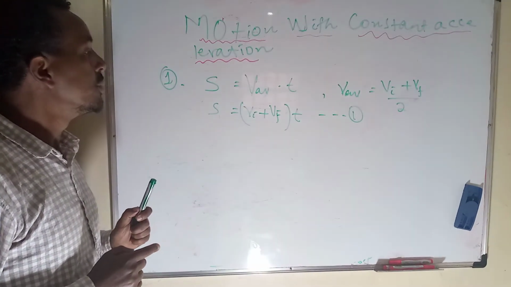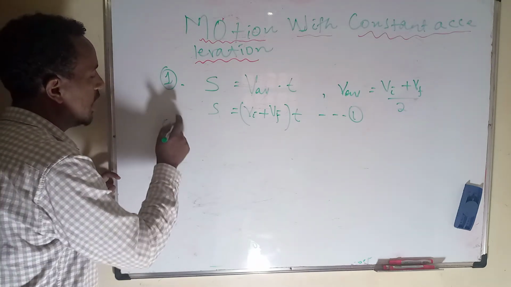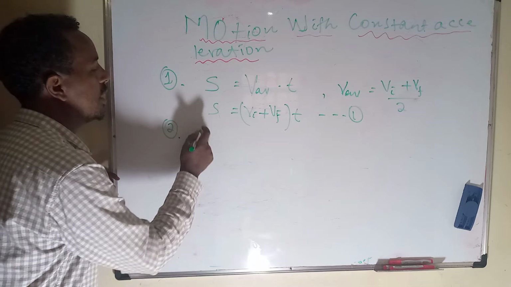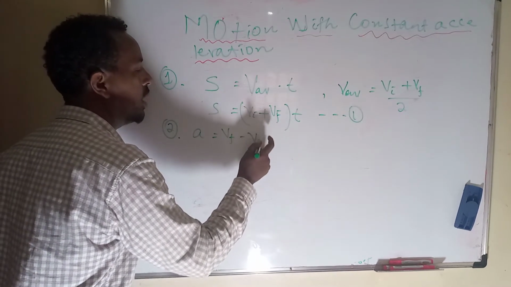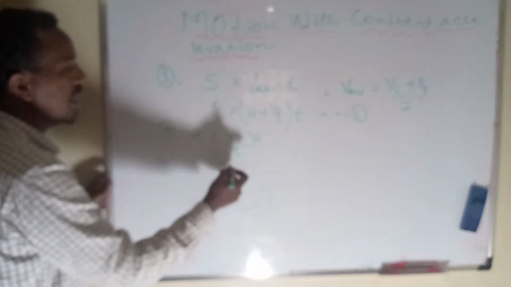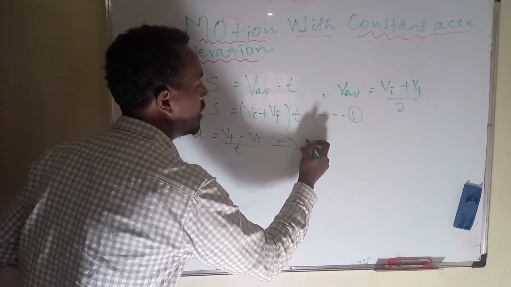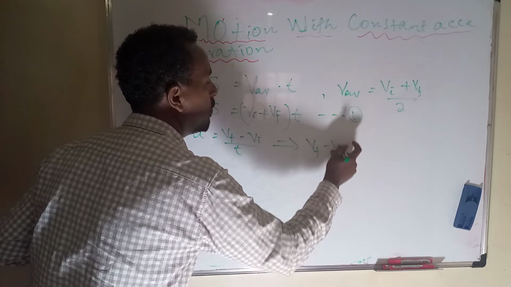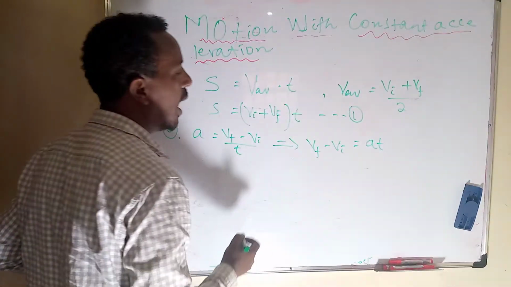The second fundamental equation: acceleration is equal to final velocity minus initial velocity over time. From this, by criss-cross multiplication, V final minus V initial is equal to acceleration times time.